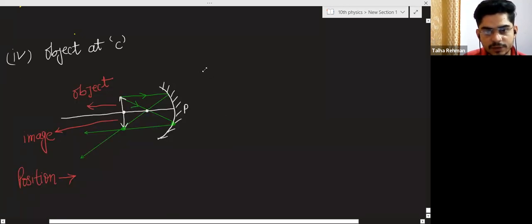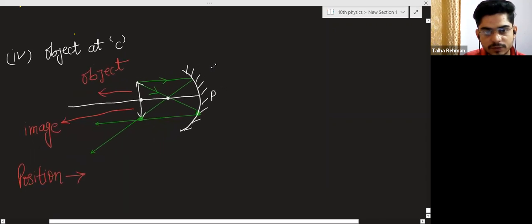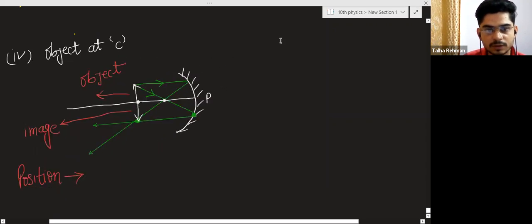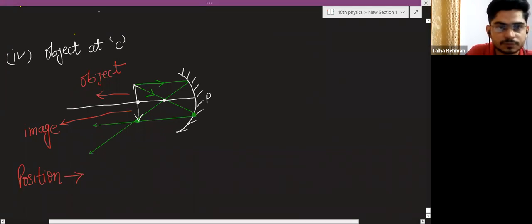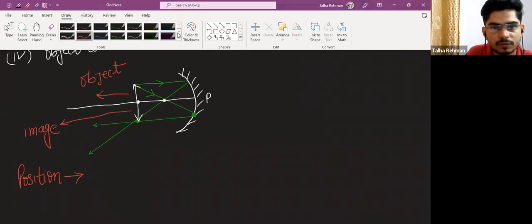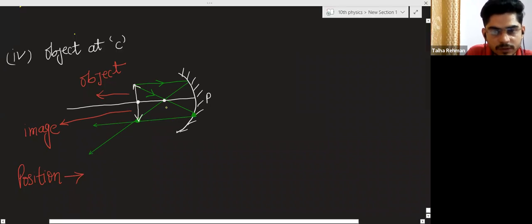C for center of curvature. So this is F, focus, and this is C. So position, what can you say about the position?